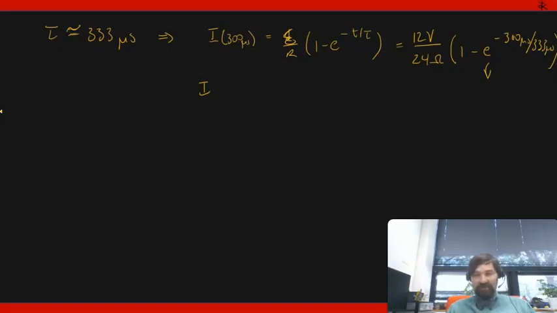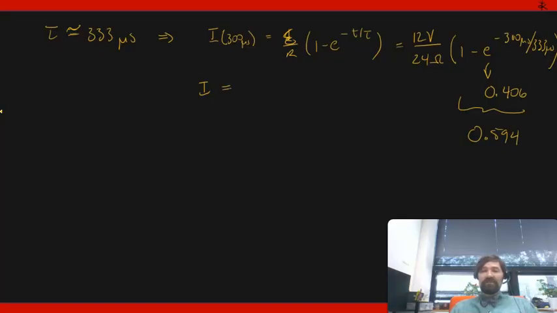So this e term has a value of 0.4062 something. If I go 1 minus that same thing, I get 0.59. So this whole term in the parenthesis is 0.5937796. So I'll round it to 0.594.